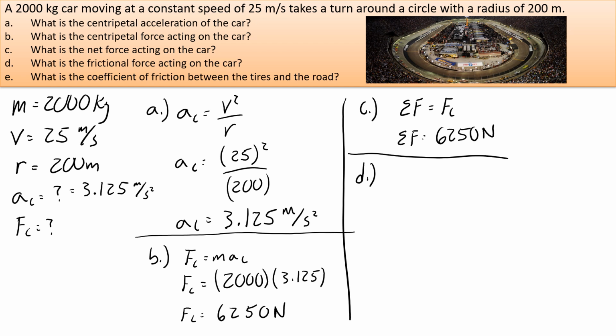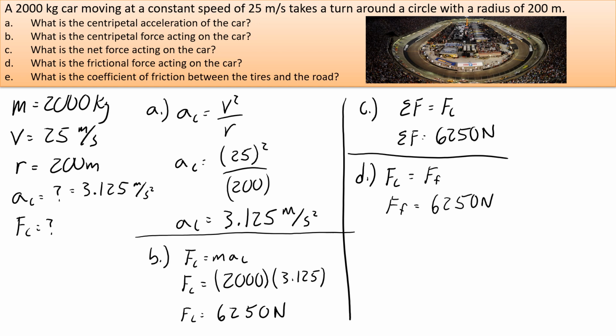Well, the centripetal force in this case is the frictional force. So the frictional force is again 6250. So these two questions are just basically asking, do you know the definition of centripetal force? Centripetal force is the net force that's acting on the car, and in this case, the frictional force is the thing that's providing that net centripetal force.